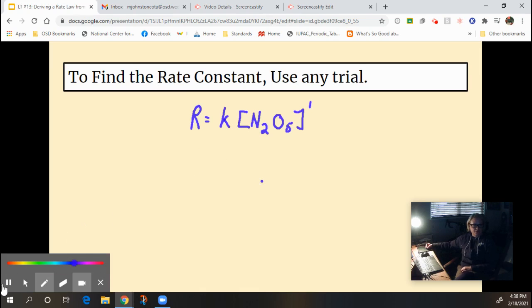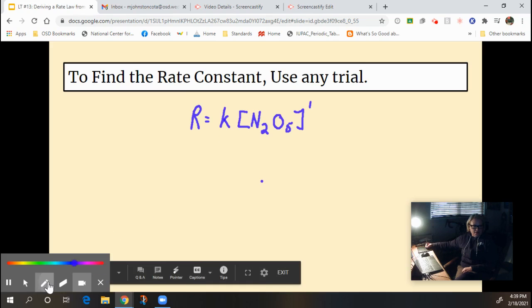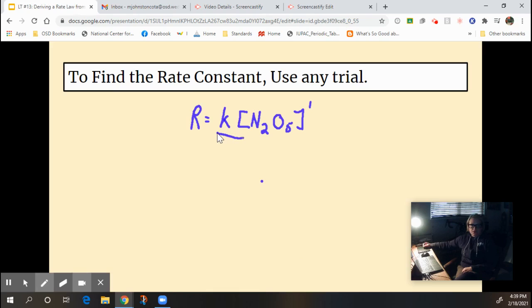So what I'm going to do here is use the rate that we found for trial 1 and the concentration for trial 1 in order to figure out what K should be. To do that, I'm going to isolate K to start, because we should always isolate our variables first.